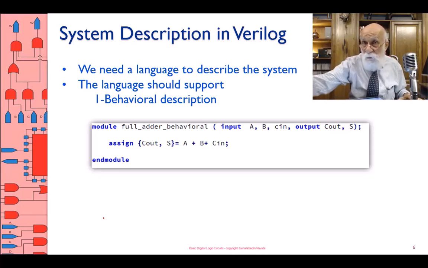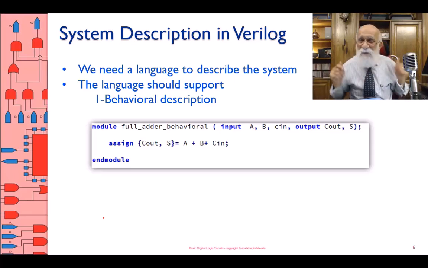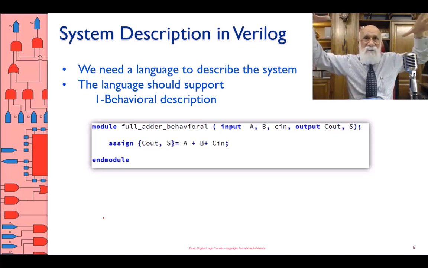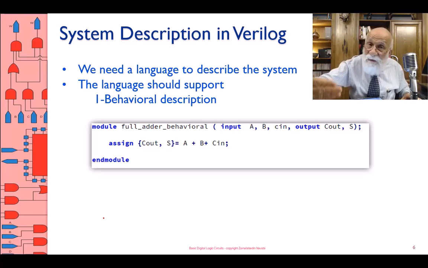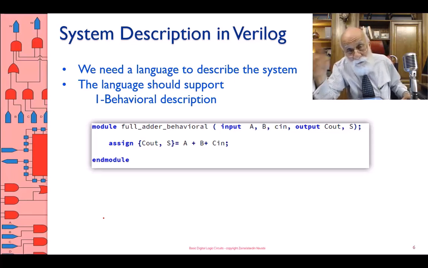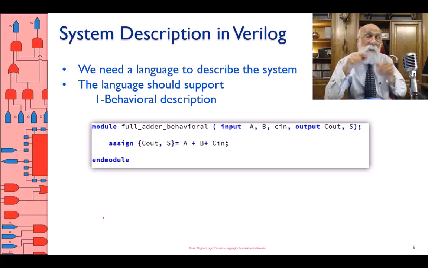We need tools. We need a computer to do something for us, analyze this circuit for us, turn the upper level description into transistor layer, into interconnection of transistors. If this is what I expect from a software program, I have to be able to communicate with that software program. I have to be able to tell it, hey, I need an adder, and this is the description of the adder.